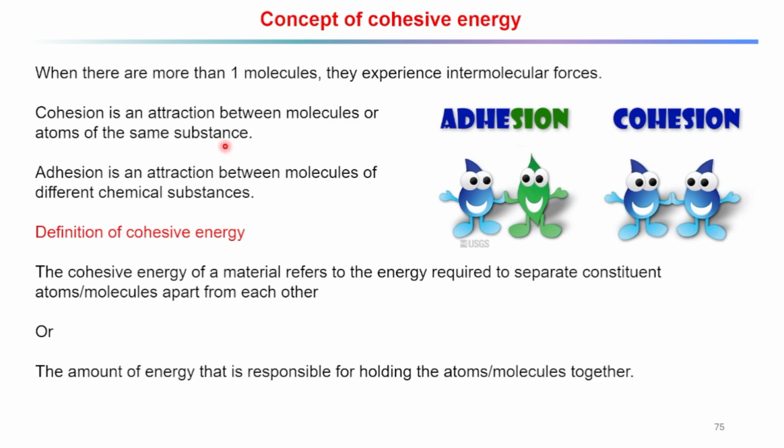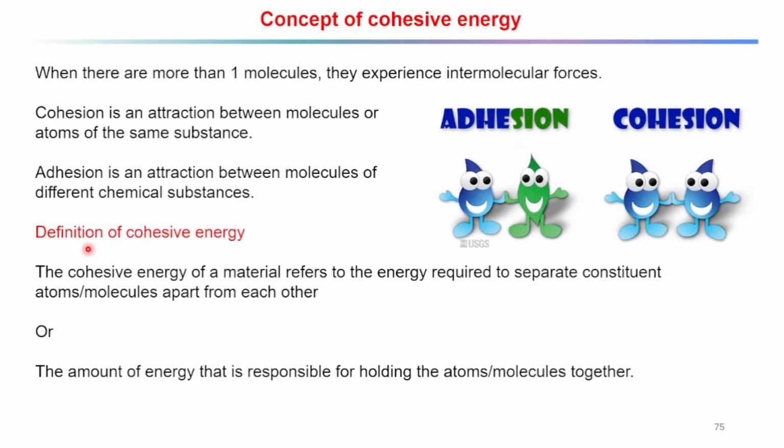As I said, it's an all-boys class, or all-boys property. And adhesion is an attraction between molecules of different chemical substances. For example, if you put boys and girls together, some boys will talk to the girls, and that is actually an example of adhesion.